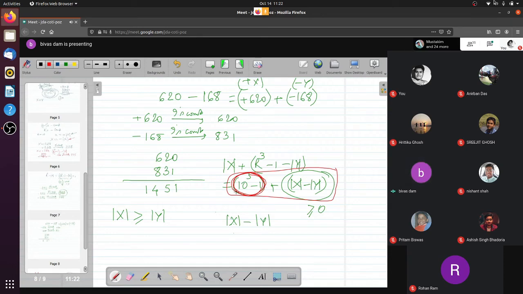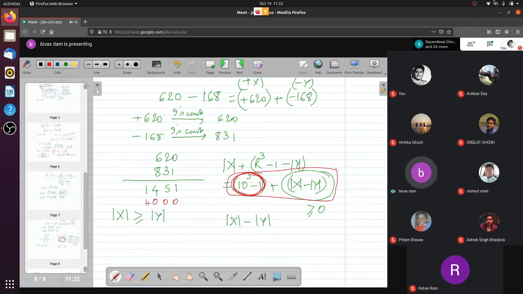Now, what is 10 to the power 3? That is nothing but 1 followed by 0s. 10 to the power 3 is basically 1000. That means that 1 will not come in position number 0, nor in position number 1, nor in position number 2, but in position number 3.